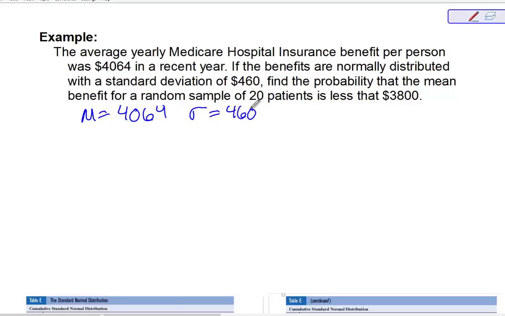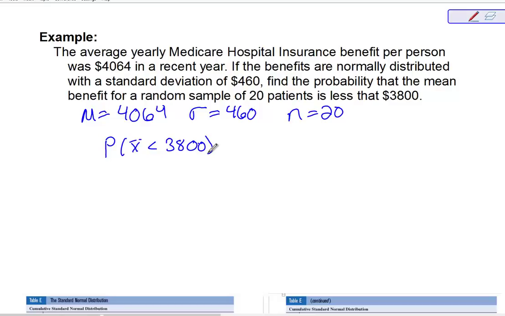Find the probability that the mean benefit for a random sample of 20 patients, so that means we're looking at a sample size of 20, is less than $3,800. So we're looking at the probability that our sample mean is less than $3,800.